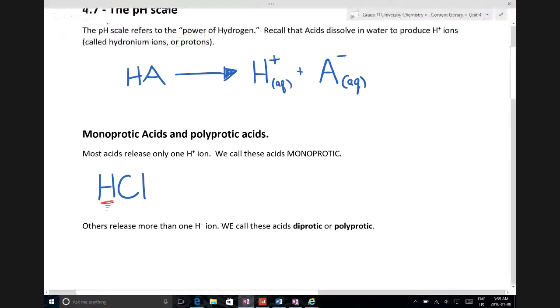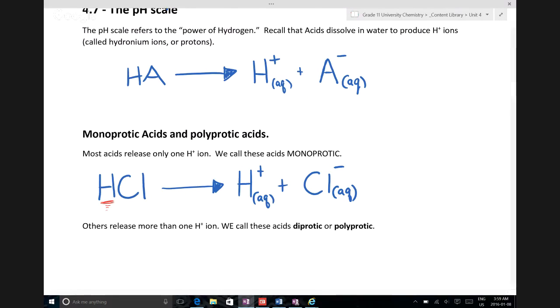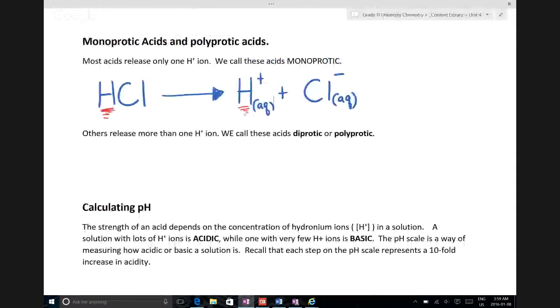So when it dissolves in water to become an acid, we get one H+ ion and one Cl- ion. All right, so this acidic hydrogen gets released as a lone proton, and the chlorine is taking the electron and becoming the negatively charged ion.